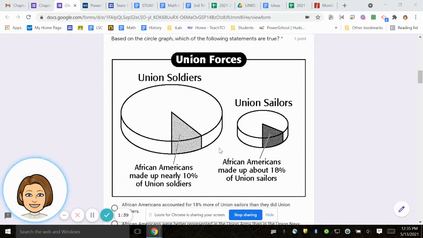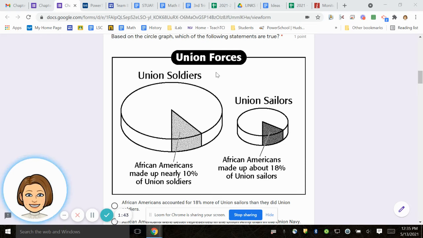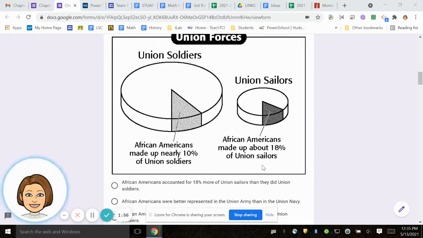Number 3, based on the circle graph, which of the following statements are true? And as you can see, this is the Union forces. This is the North. Here, of the soldiers, 10% were African Americans, and of the sailors, 18% were African Americans.